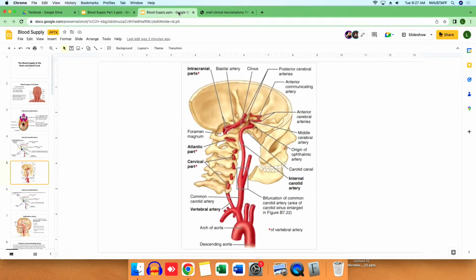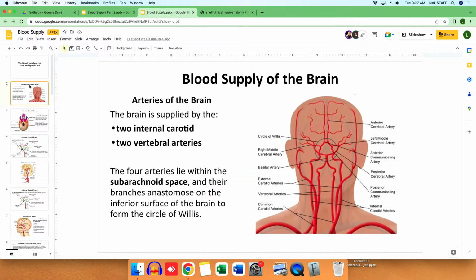Yeah, let's continue. So as I said, one of the important blood vessels which are passing towards the brain and participate in the blood supply would be the internal carotid arteries, both of them on both of the sides. The second pair of arteries which are completely participating in the blood supply of the CNS would be the vertebral arteries.